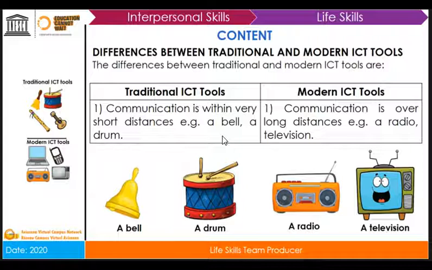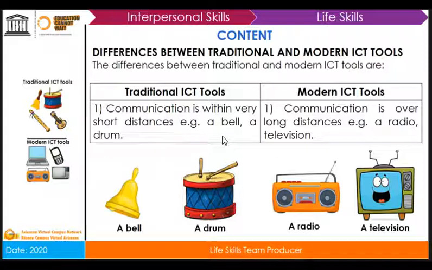That is why you can use a bell, a drum, a guitar, and even a band to communicate with someone who is not far away. Meanwhile, with modern ICT tools, you can communicate using a radio or a television.